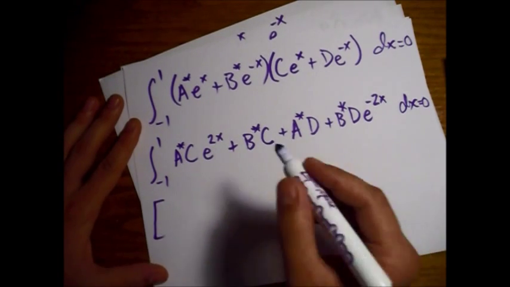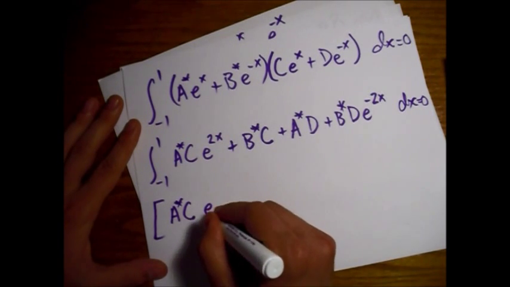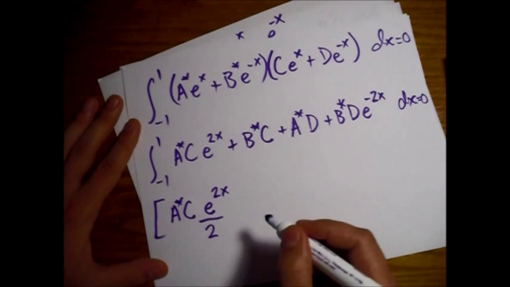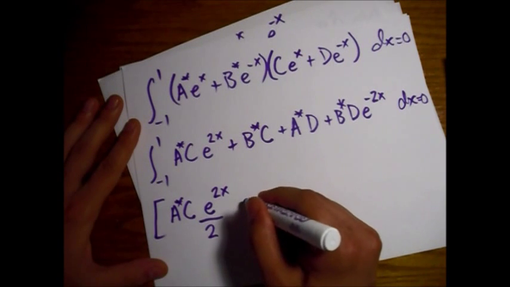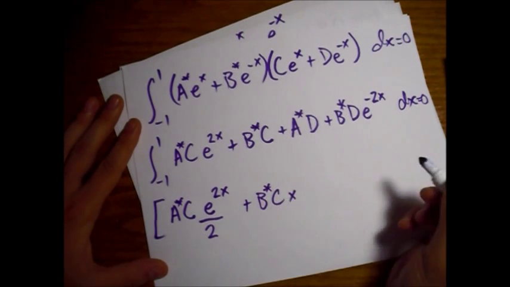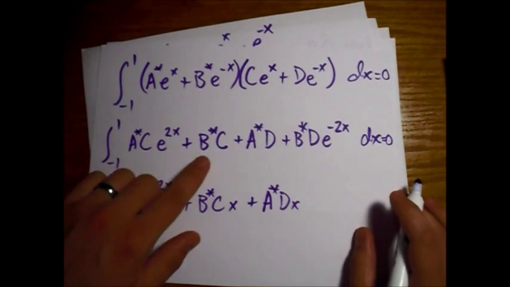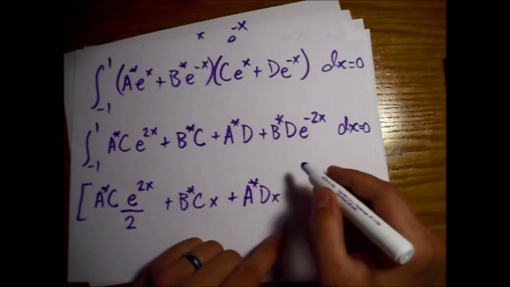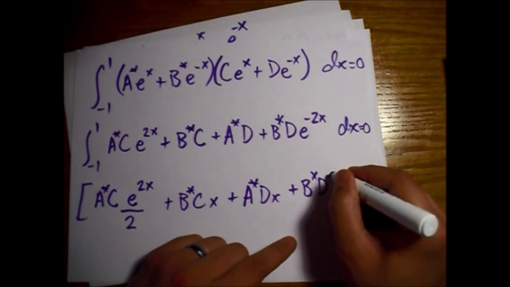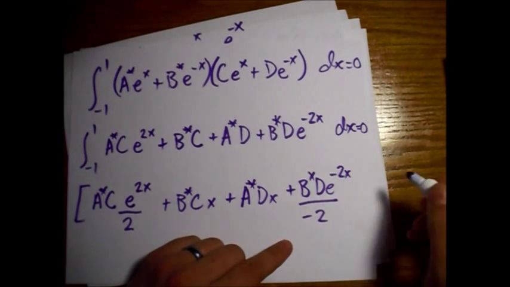We have an A star C, and then we have an e to the 2x, divided by 2, for the integral of this first piece here, plus B star C multiplied by x, plus A star D, also multiplied by x, because these are just constants, right? Integrate them, you get an x, plus B star D e to the minus 2x, and then we're dividing by minus 2.